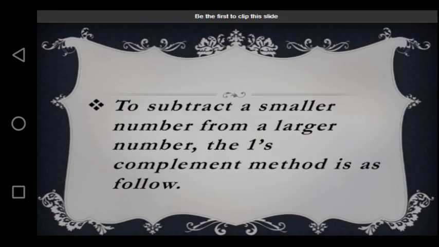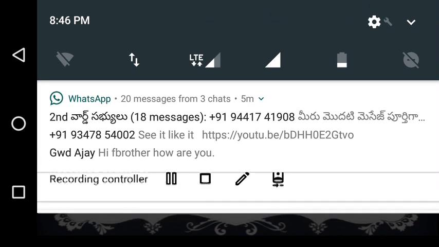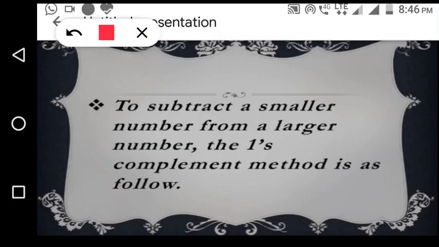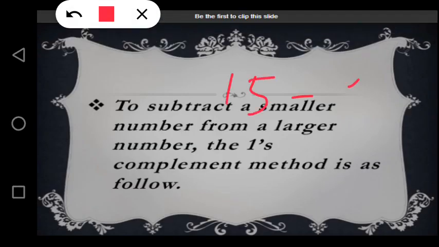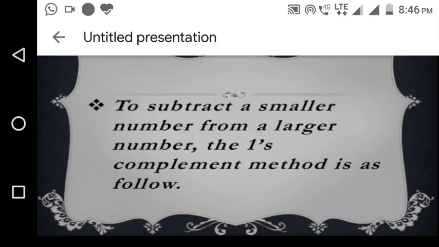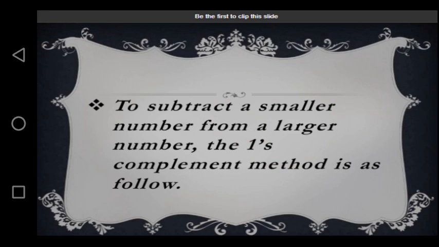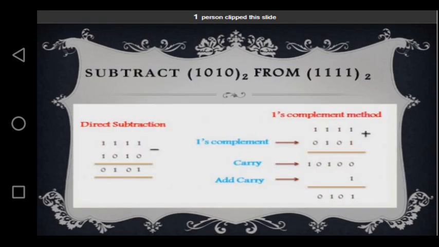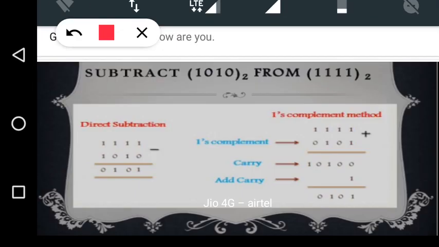Next, I have to subtract a smaller number from the larger number. The 1's complement method is as follows. If I have to subtract the smaller number from the larger number, I have to follow this method. So let's take an example.